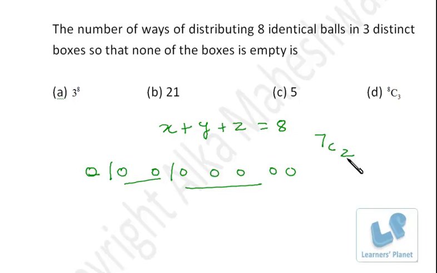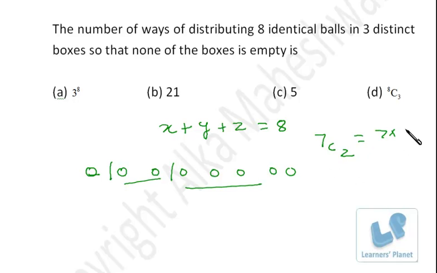So in all, 7C2 is the total number of ways in which these 8 identical balls can be distributed among 3 distinct boxes, or we have found out the positive integral solution of this equation, right? One and the same question, if we are straightforwardly asked about the positive integral solution, right? So this will also be 7C2. If there is a story like this, then also the concept will remain the same.